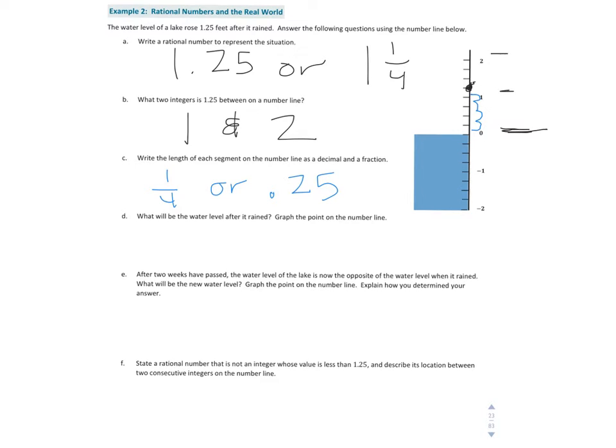Well, if the rain started at 0 and it rose 1.25 feet afterwards, then we can see that this point that I originally plotted is where the water level would be after it rained, and that is 1.25.